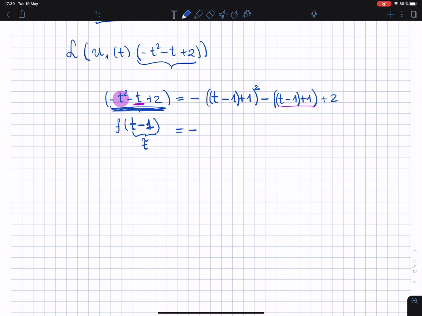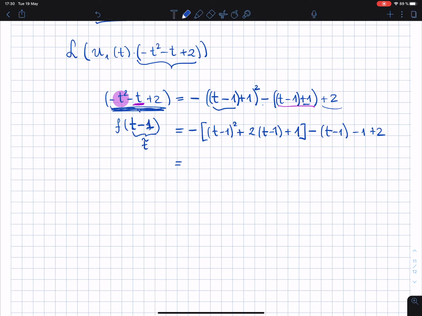Okay? So here, for example, t minus 1 squared plus 2 times t minus 1 times 1 plus 1 minus t minus 1. Now this minus with this 1 is a minus 1 and plus 2.